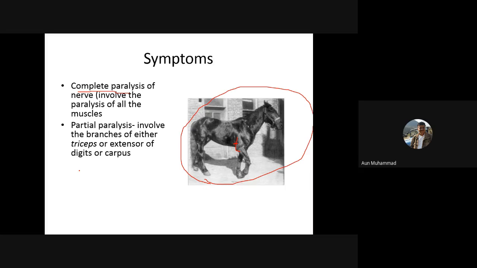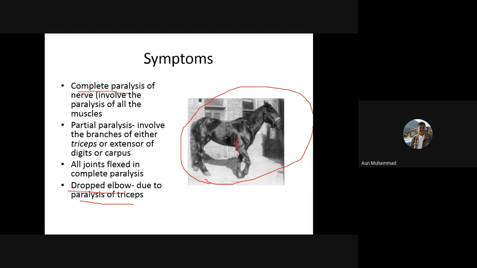And in case of partial paralysis, it means that a further small branch of the nerve is damaged, so there can be little damage as far as flexion and extension are concerned, and it will result in dropped elbow because of paralysis of the triceps muscle.